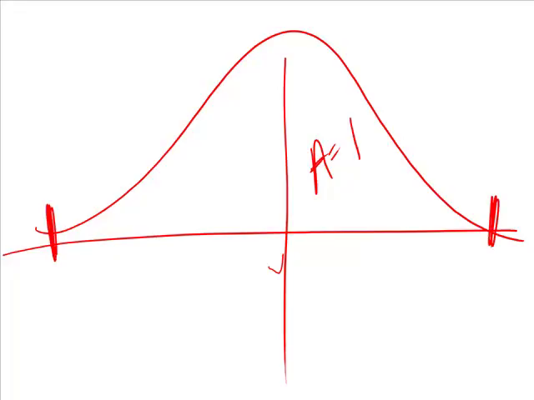When we're dealing with our normal curves, the numbers that we put on the bottom can change. They can be x's, they can be sigmas, and they can be z's. All we're doing is converting our x's into z's.